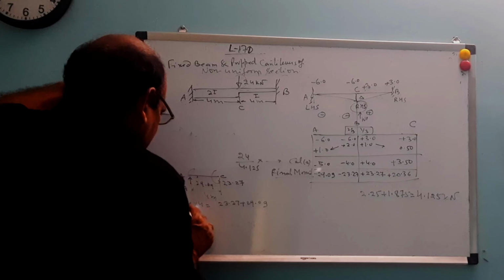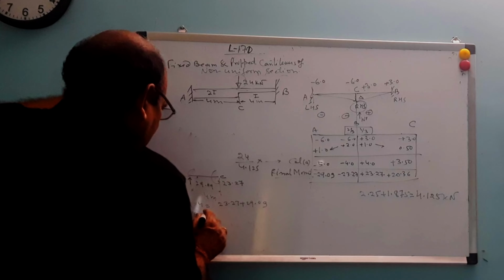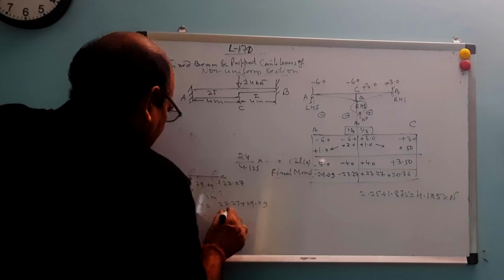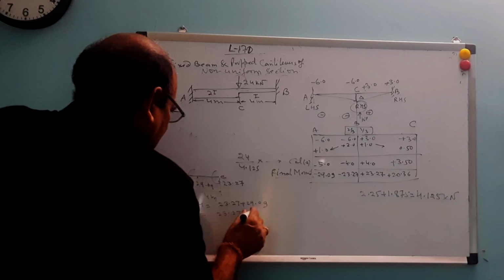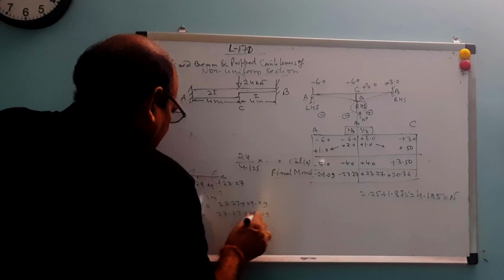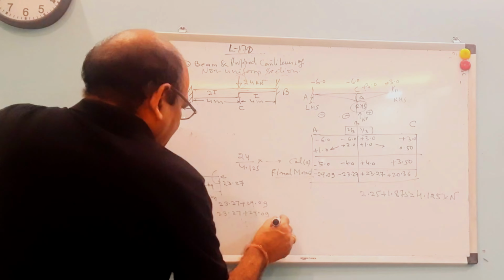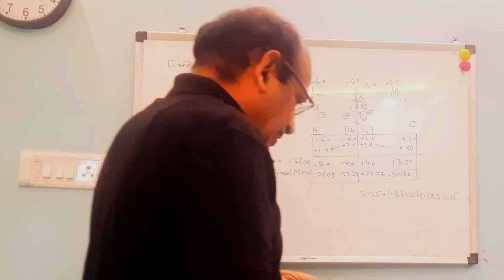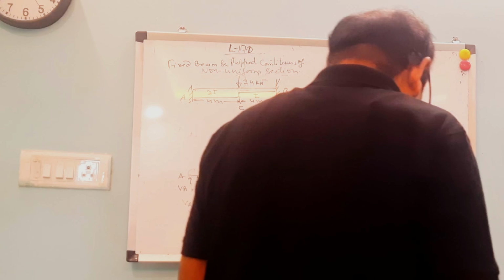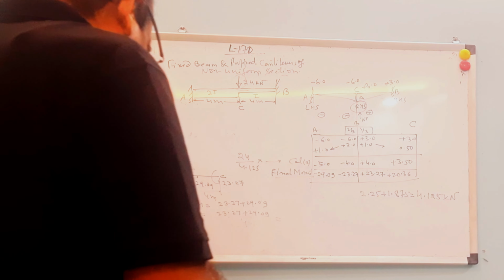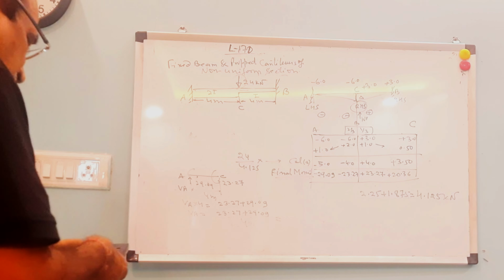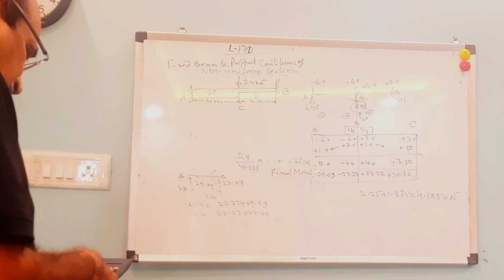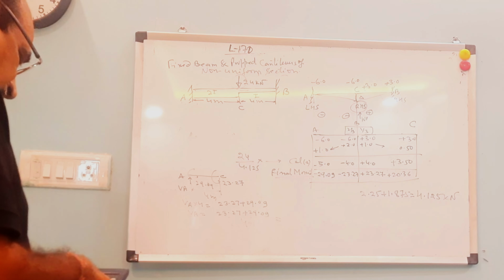ठीक है? So VA equals to आपका कितना हो जाएगा? 23.27 plus 29.09 divided by 4. Let us find how we are getting. So this is 23.27 plus 29.09 divided by 4.